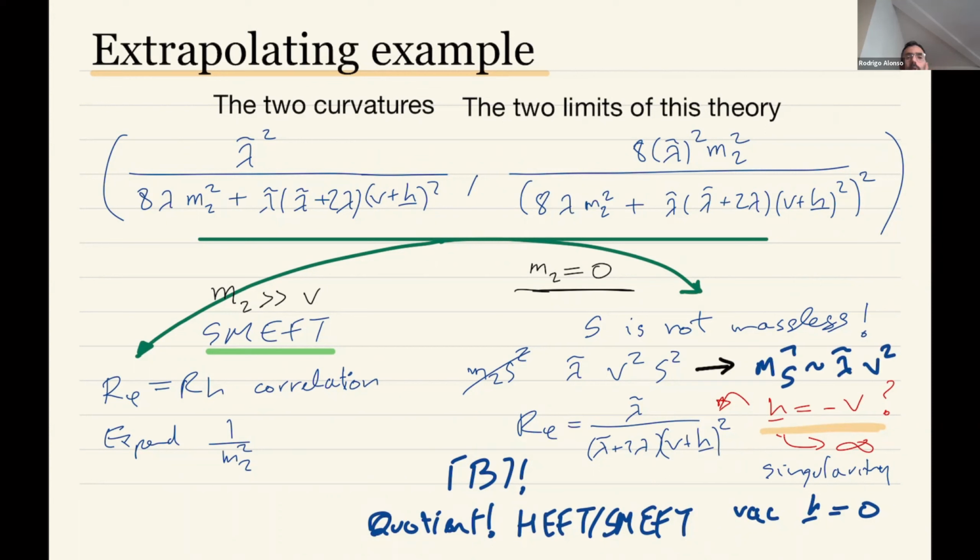And this is an explicit example of this theory not decoupling, because this square is really 246 gigaelectron volts. So the mass of the singlet that we're integrating out can only be as large as allowed by this, so you cannot push this coupling arbitrarily large because it will give you a scattering amplitude probability larger than 1. There's a bound on this.